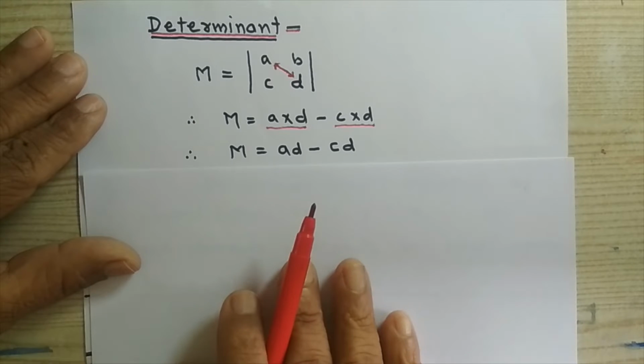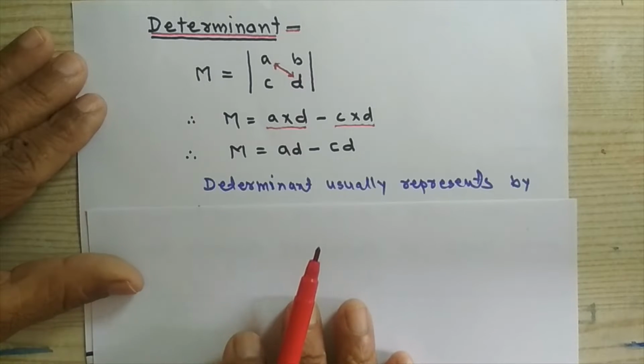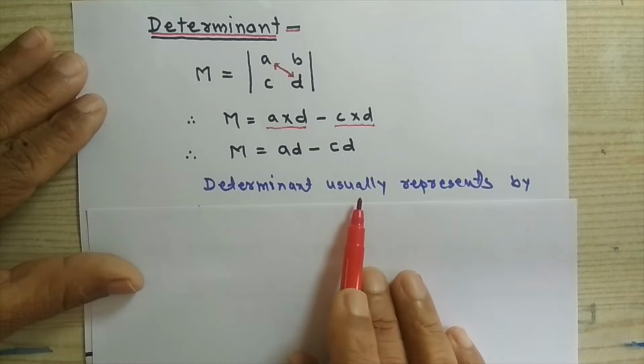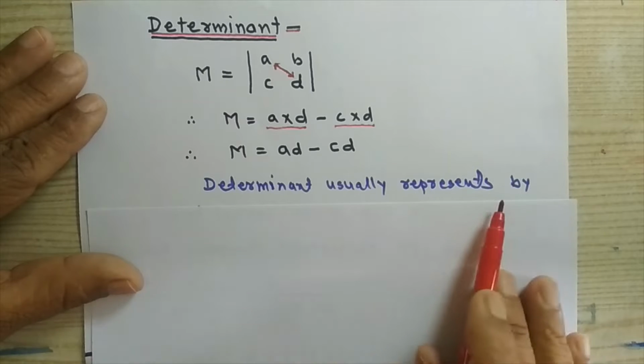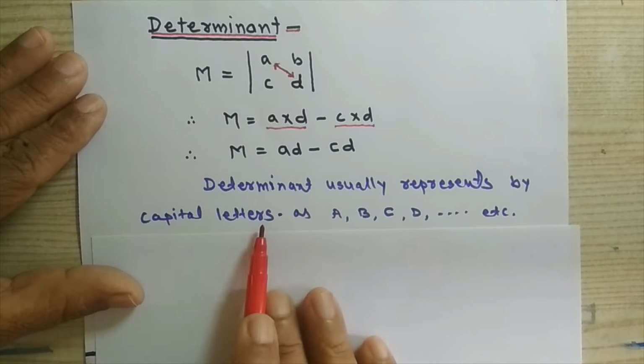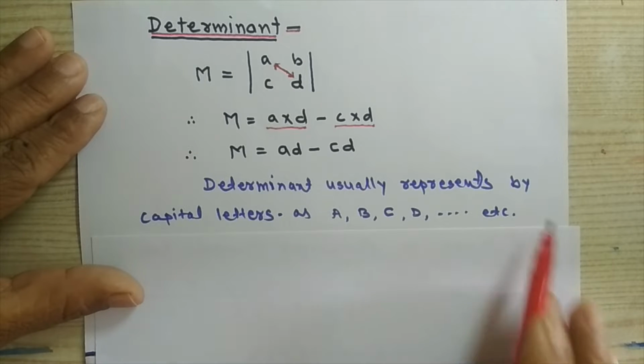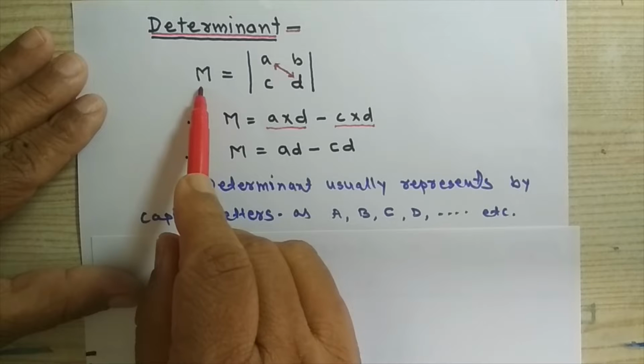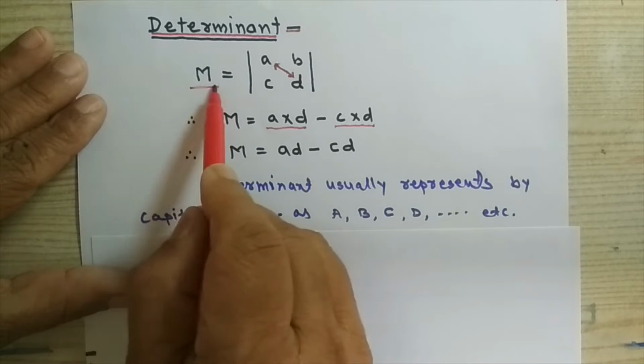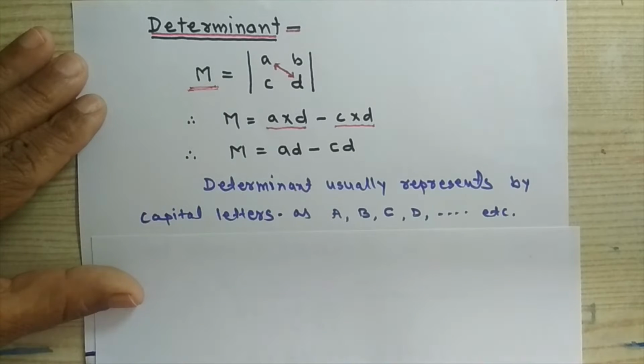Now we have to see here, a determinant is usually represented by capital letters such as A, B, C, D, etc. That means a determinant is shown only by capital letters.